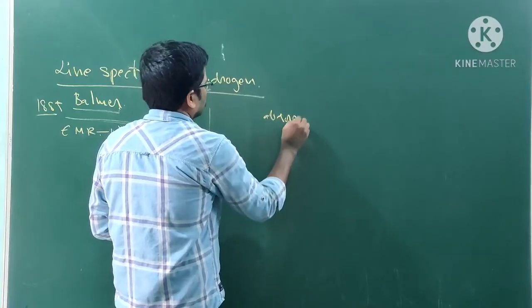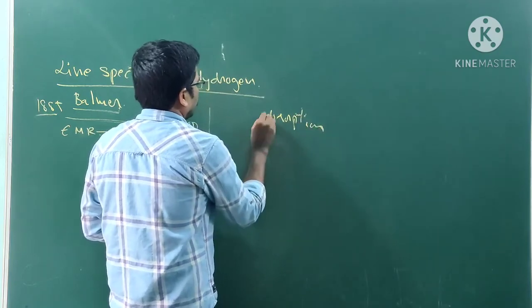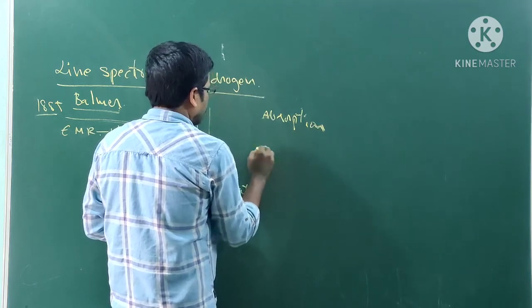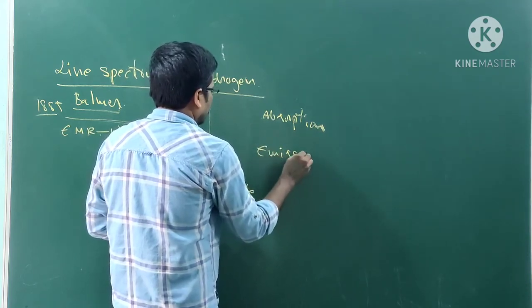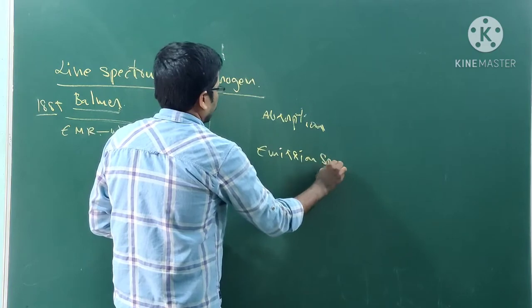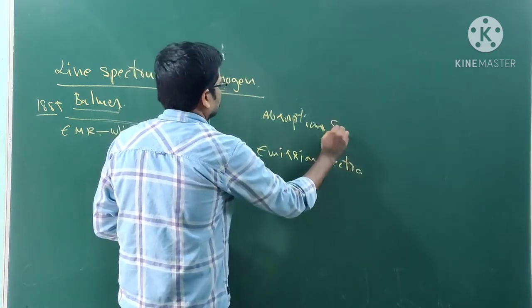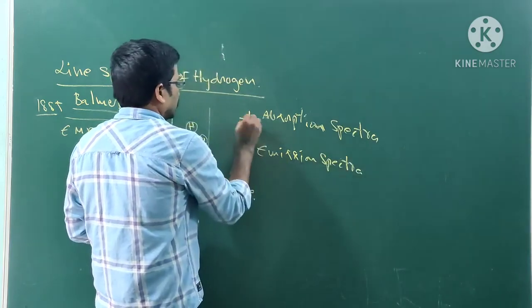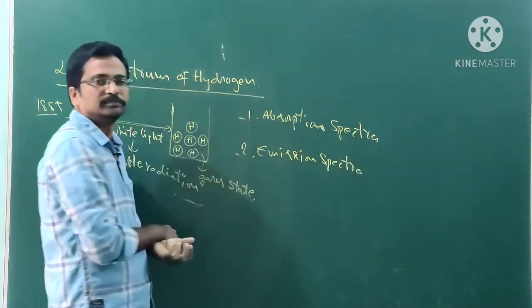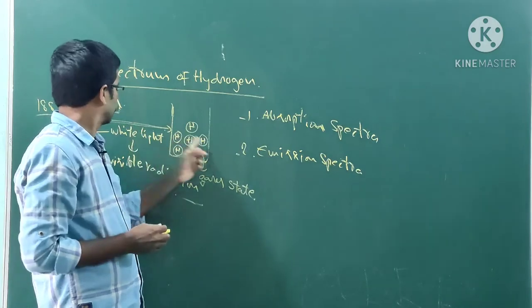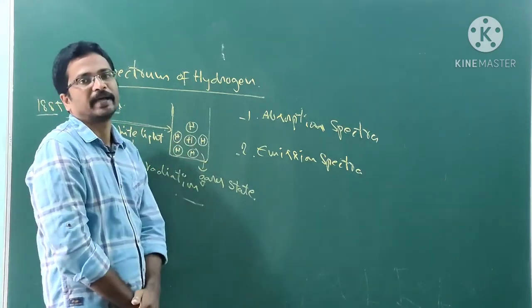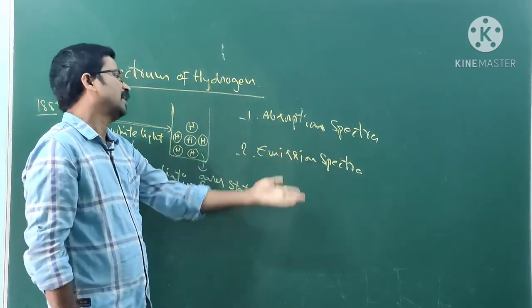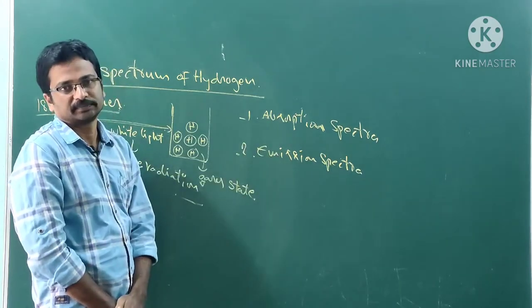By passing white light, which is electromagnetic radiation, he can observe absorption spectra and emission spectra.